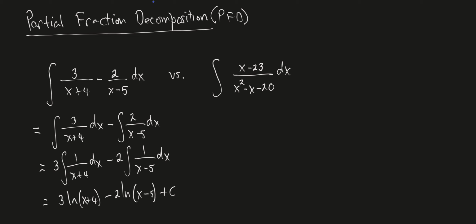So let's do a little bit of algebra and take my 3 over x plus 4 minus 2 over x minus 5, and then the common denominator here would be the quantity x plus 4 times the quantity x minus 5, and then to get a denominator of x plus 4 times x minus 5 for this first fraction, multiply the top and the bottom by x minus 5.